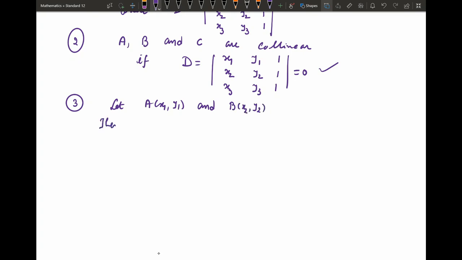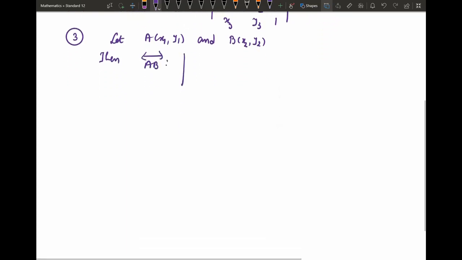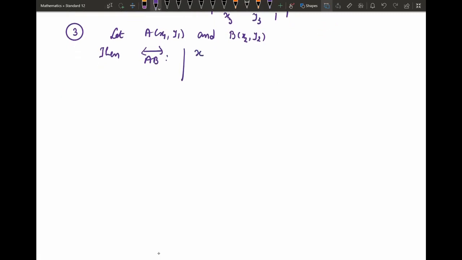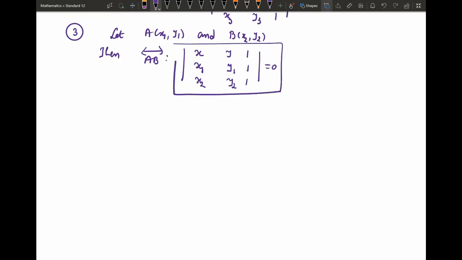Then Cartesian equation of line AB is given by determinant x y 1, x1 y1 1, x2 y2 1 equal to 0. So this is the method to find Cartesian equation of line AB using determinant.